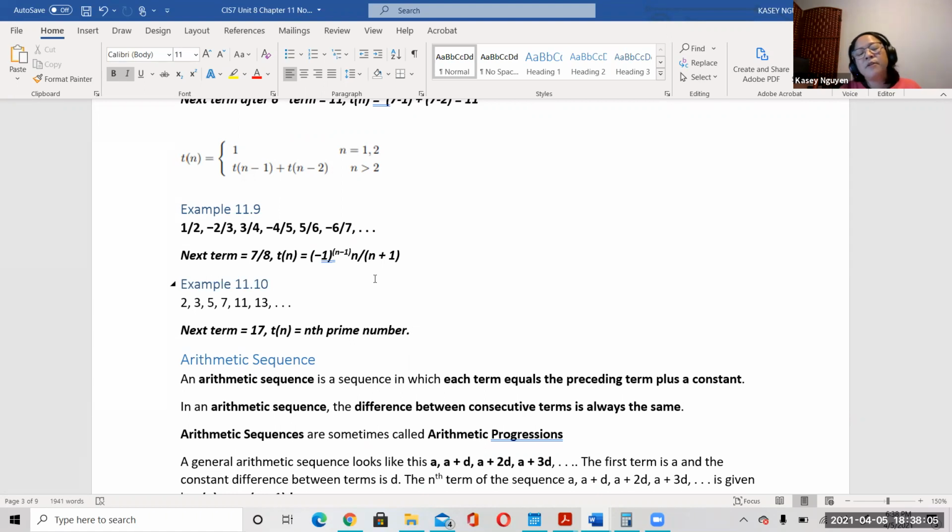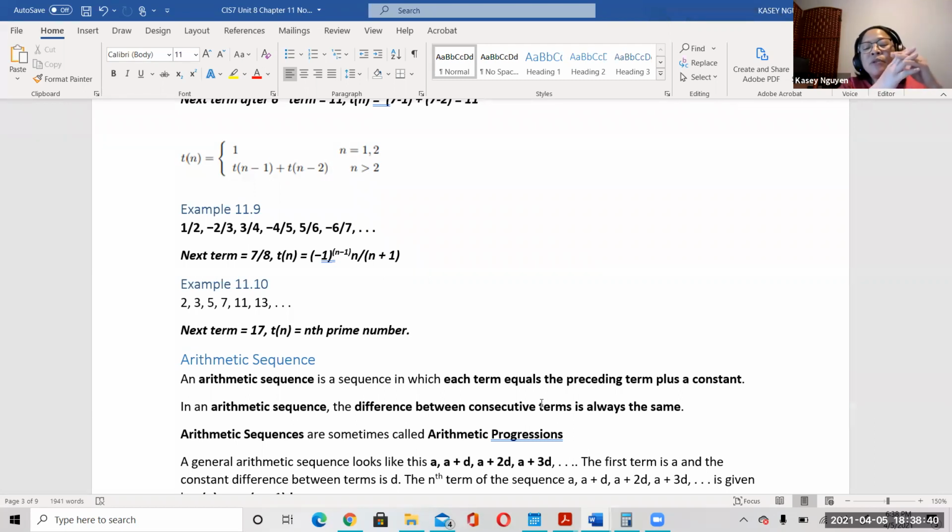In the next part, on page 3 of your notes, it talks about arithmetic sequence. An arithmetic sequence is a sequence where each term equals the preceding term plus a constant, like when you're adding 6 to every value. We're looking at the distance from one value to the next down that sequence.